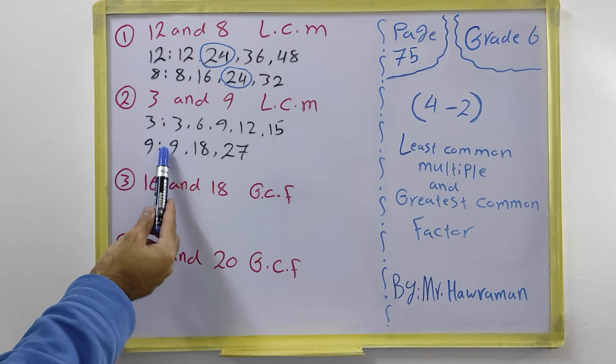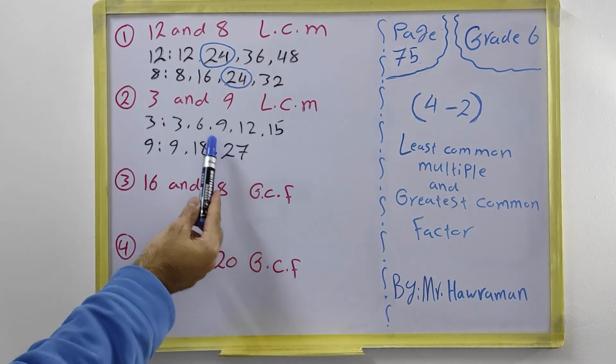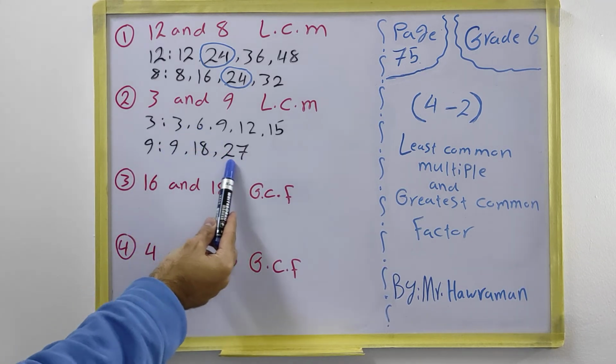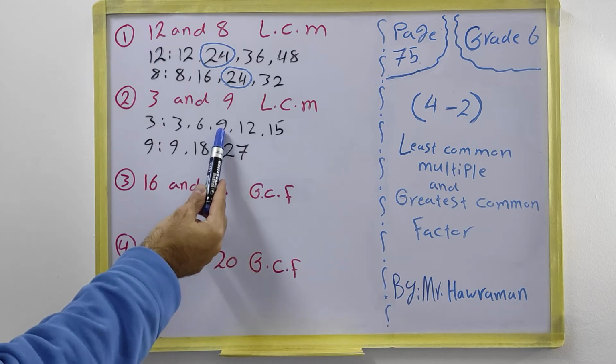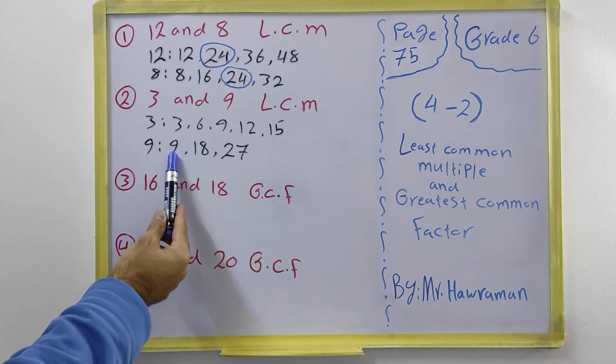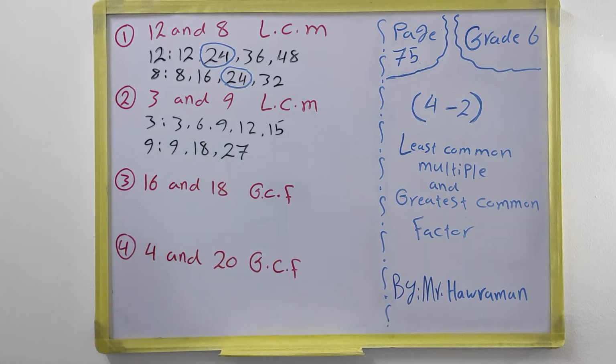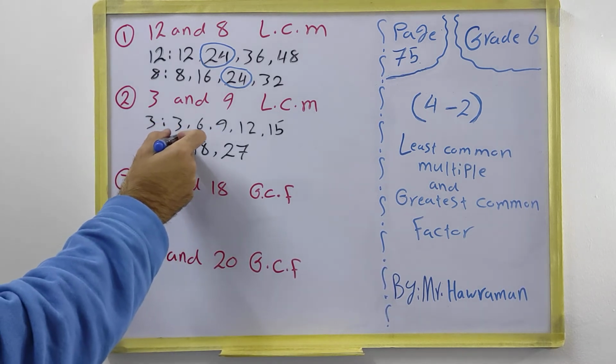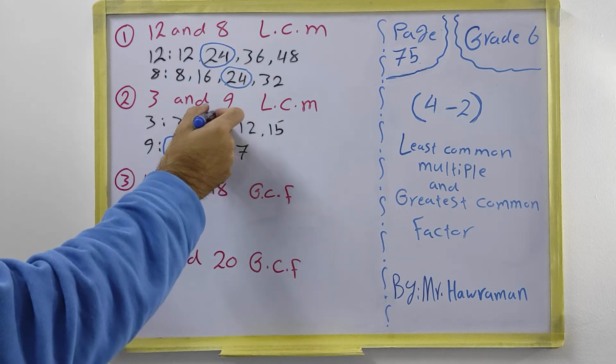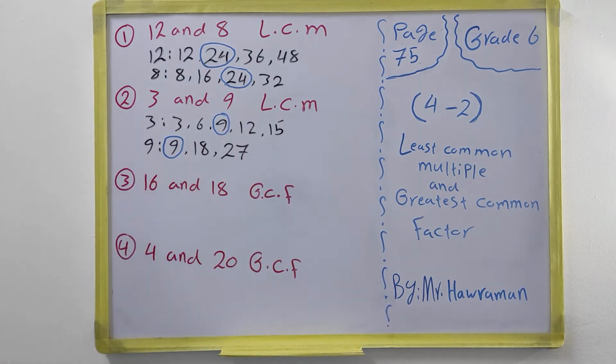Number 3, do we have it in here? No. Number 6, do we have it in this side? No. Number 9, do we have it? Yes, here we have number 9, number 9. So the smallest number that we can have in both of the sides is 9. So the least common multiple between 3 and 9 is 9.